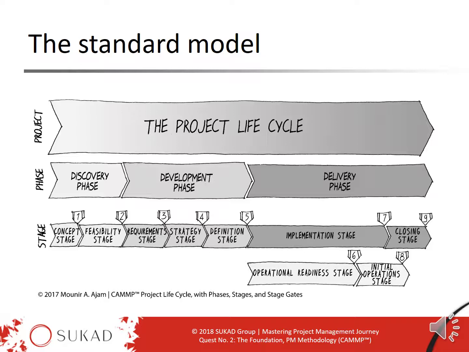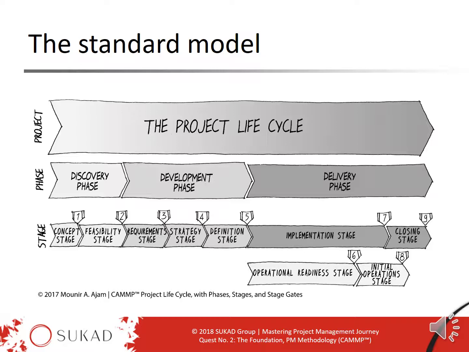Now, what you notice here is that there is some kind of symbols with numbers, and these are what we call stage gates. Now, before we talk about stage gates briefly, let's talk about the stages. Each stage, as you can see from the title, has a purpose.